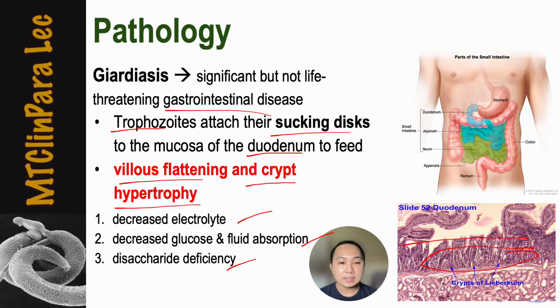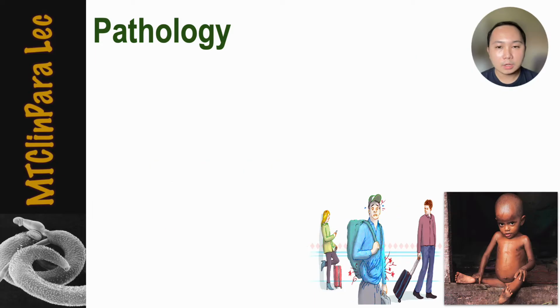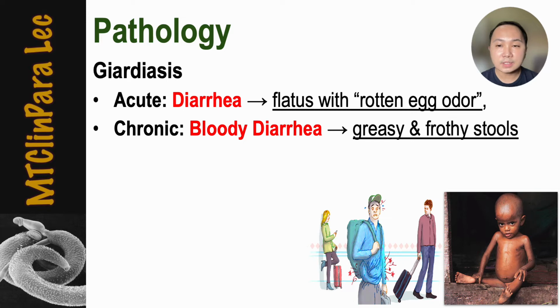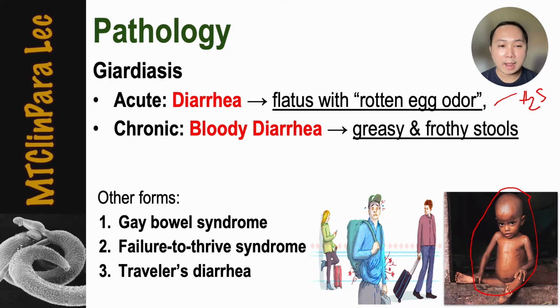For acute cases, patients experience abdominal pain described as cramping, associated with diarrhea. There's also excessive flatus with an odor of rotten egg due to hydrogen sulfide, or H2S, production. Other clinical features include abdominal bloating, nausea, and anorexia, especially in children, or what we call the failure to thrive syndrome, here on this number 2.